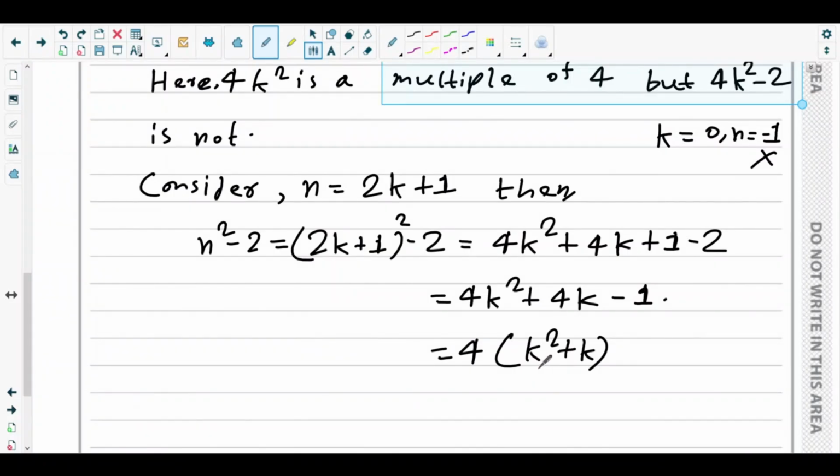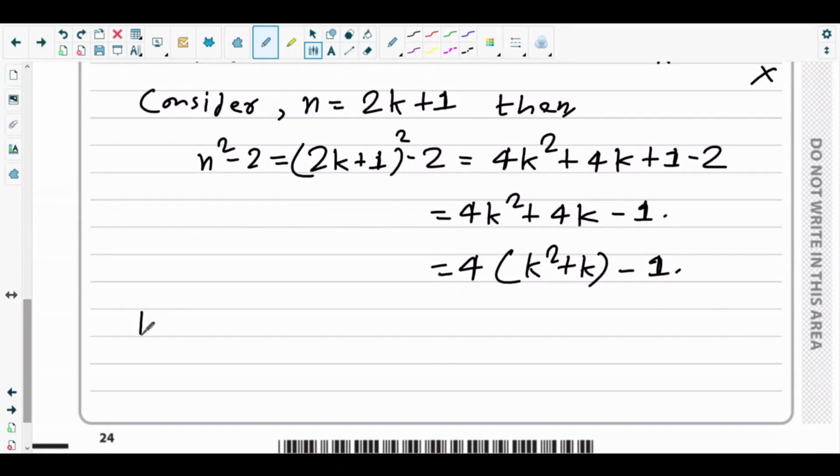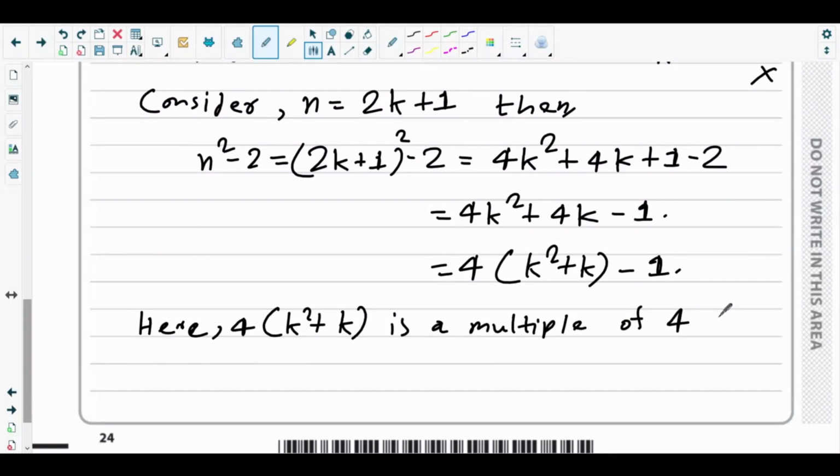You need to do the algebraic workings according to what the question wants. Here 4 times (k squared plus k) is a multiple of 4, but 4 times (k squared plus k) minus 1 is not.